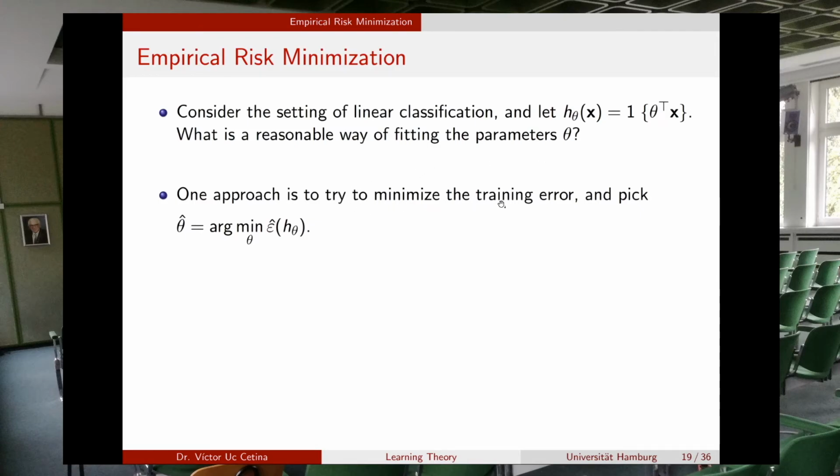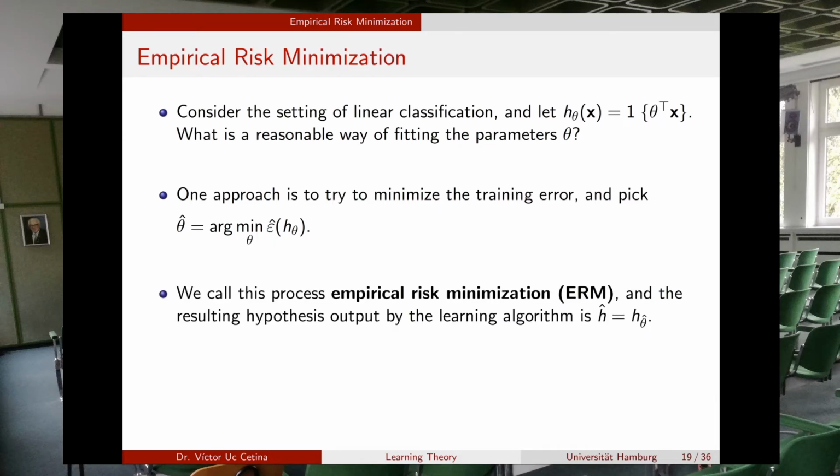One approach is to try to minimize the training error. So we can make changes to our model in such a way that we get the minimum error, this epsilon circumflex, this error with the training set.